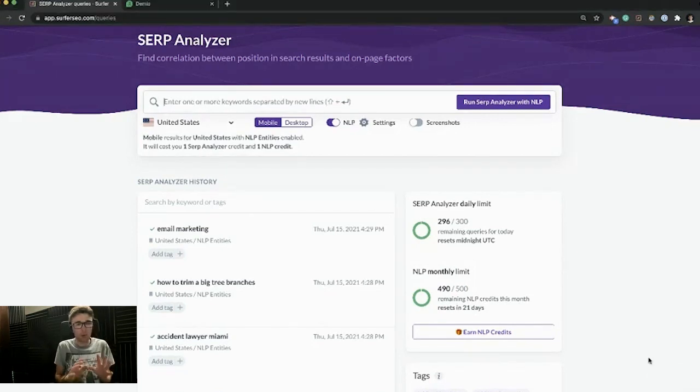So we focused on gathering as many factors, as much information about the top 50 ranking pages, to provide correlations and let users make data-driven decisions, so they don't have to guess whether the content should be short or long, whether the top 10 is occupied by massive authority pages, or whether I can rank with a smaller website.